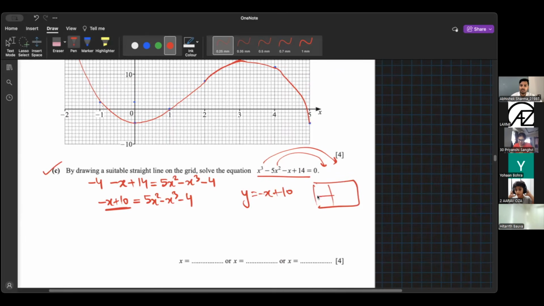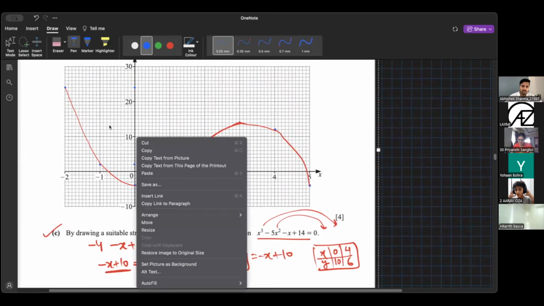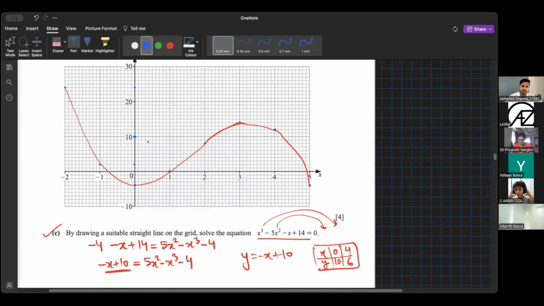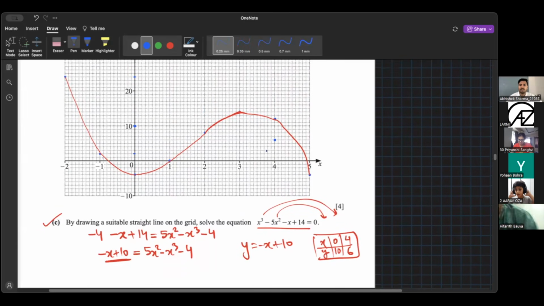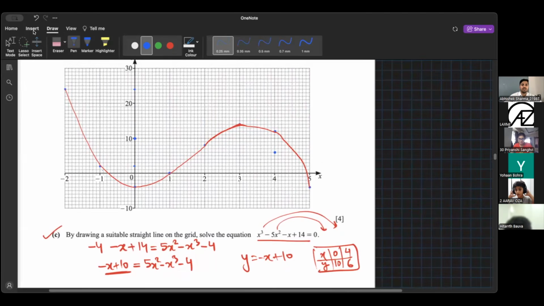Simply draw a table of values for this, x and y. When x is 0, y is 10. When x is, let's say, 4, y is 6. So 0, 10 is here, and 4, 6.